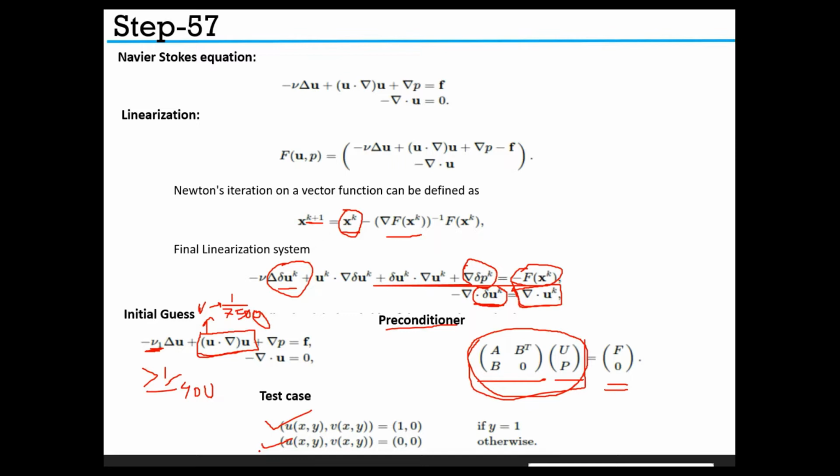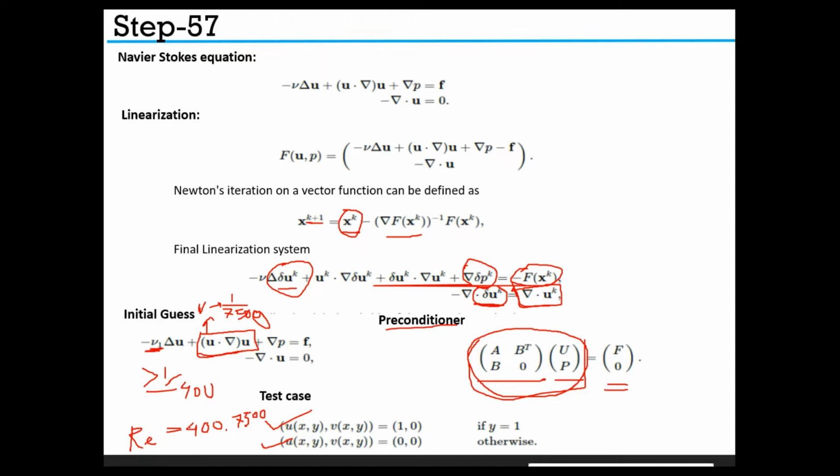Here for the cavity refinement, they have considered two types of Reynolds number. First of all is 400, and second of all is 7500. The viscosity is defined by the Reynolds number, obviously.